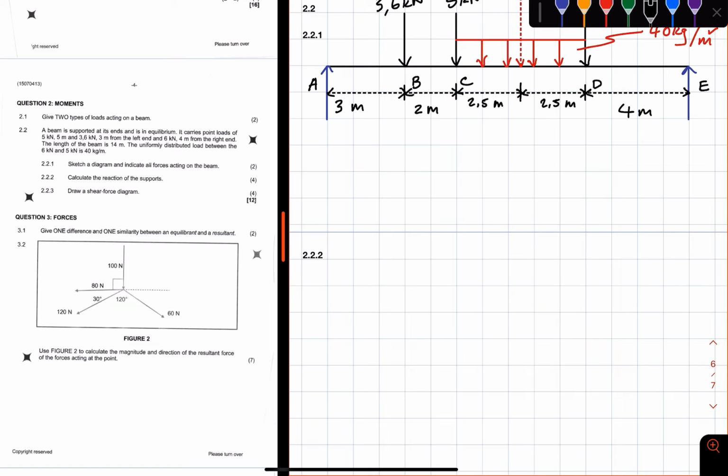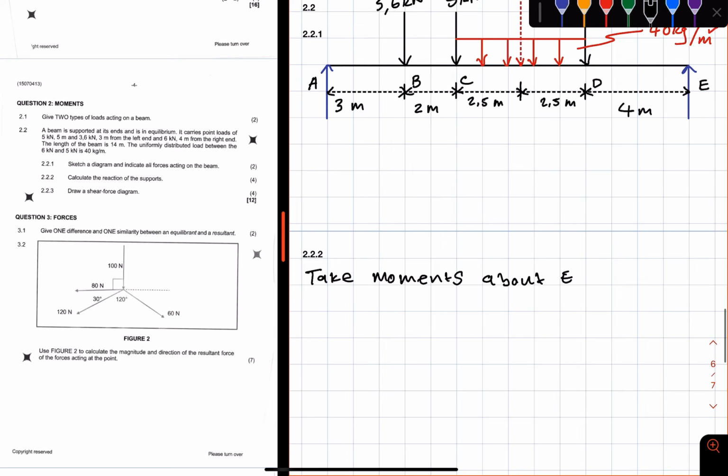First, we're going to take moments about E so that we can get A. Then once we've calculated A, we're going to take moments about A to get the reaction at support E. Right? So first, we take moments about E.